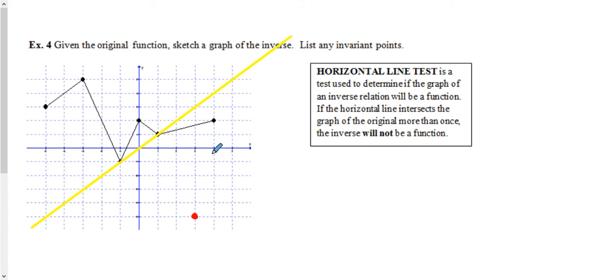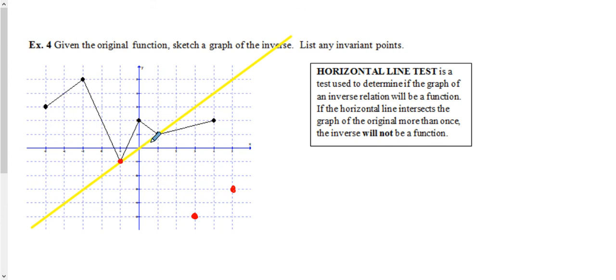So I'm looking for positive 5 and negative 3. My next coordinate here was negative 1 and negative 1. And if I switch those coordinates around, that's an invariant point, by the way. It's on our y equals x line, so there's nothing to switch around. So I am just going to put a dot on that same dot.